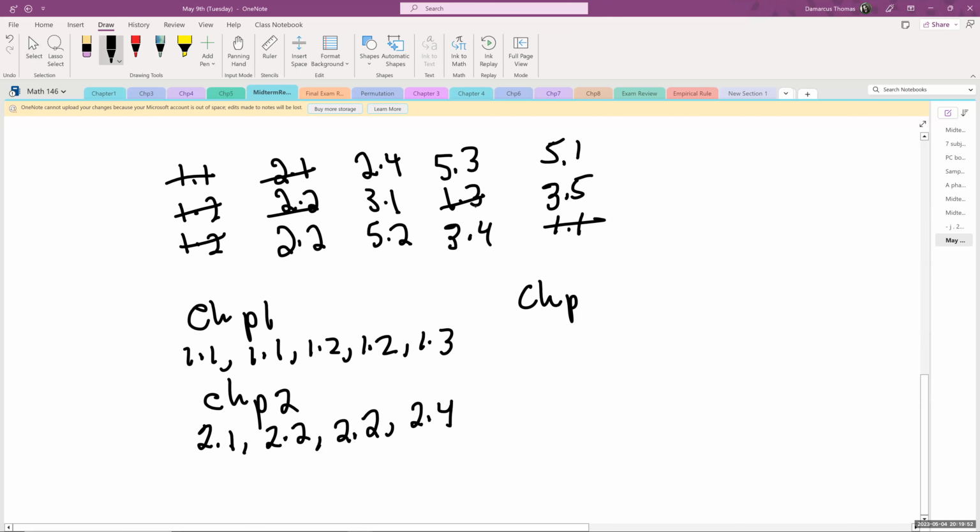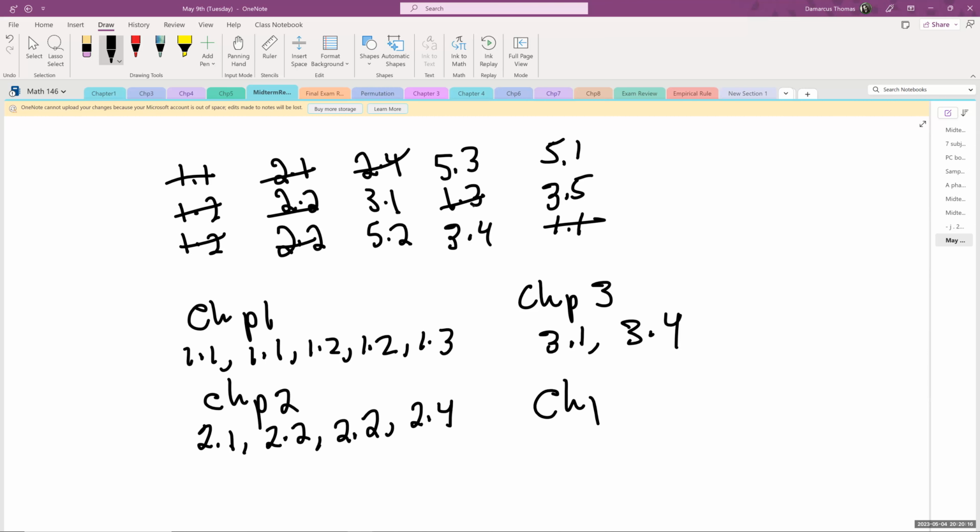Let's get rid of the 2s. Chapter 3, it looks like we have a 3.1 and a 3.4. And then chapter 4 doesn't appear on here at all. Maybe it will be on the final, I don't know. But for chapter 5, it looks like we have 5.1, 5.2, and a 5.3.